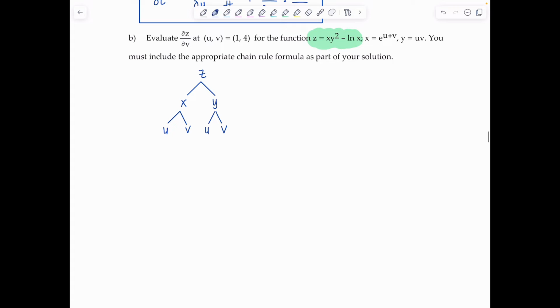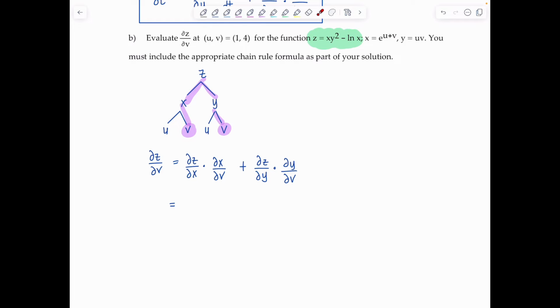Okay, so del z del v, find all the branches that end with v and trace them down. These are all going to be partial derivatives. Del z del x times del x del v plus del z del y times del y del v. Okay, del z del x, we're just going to take the partials as we go.